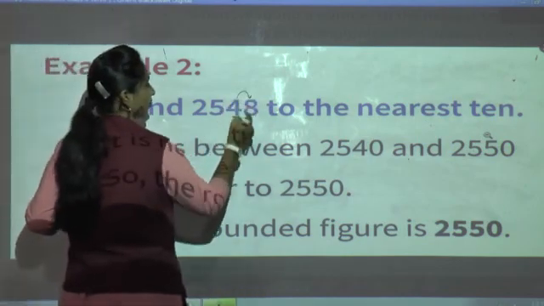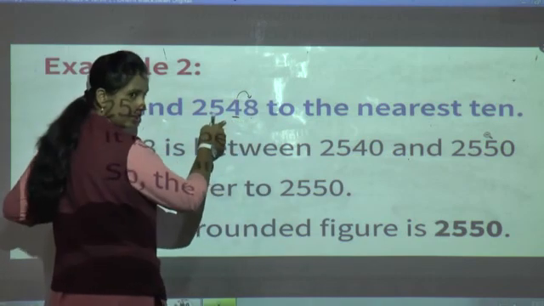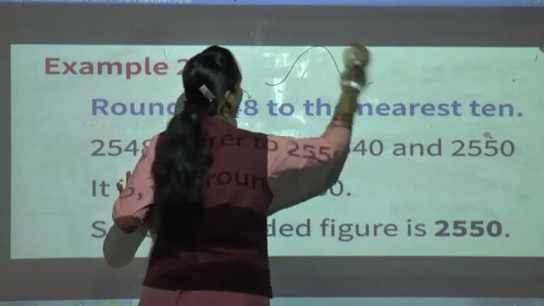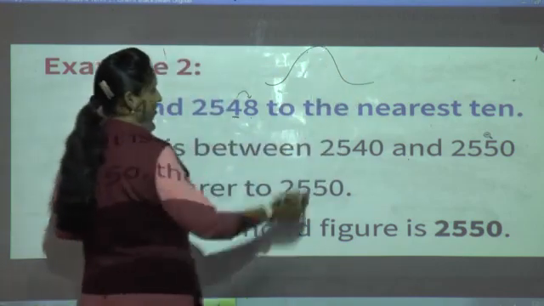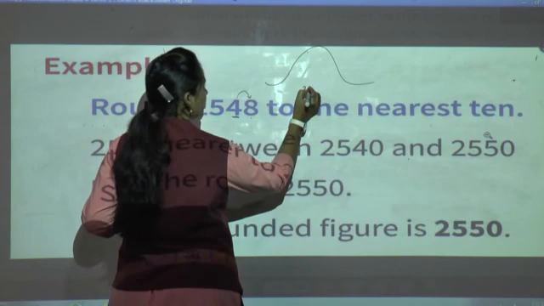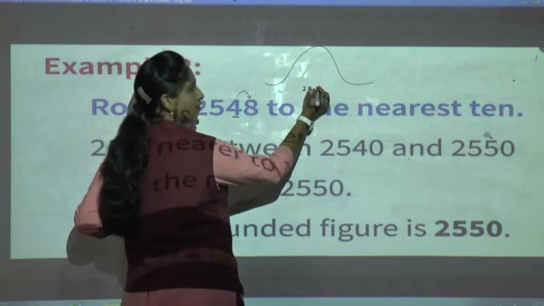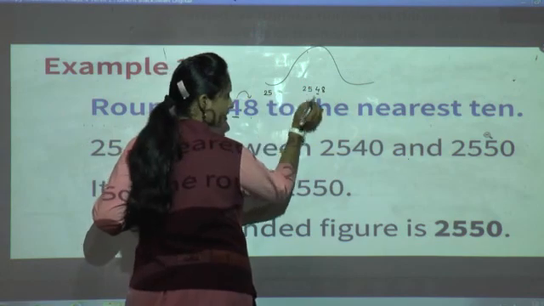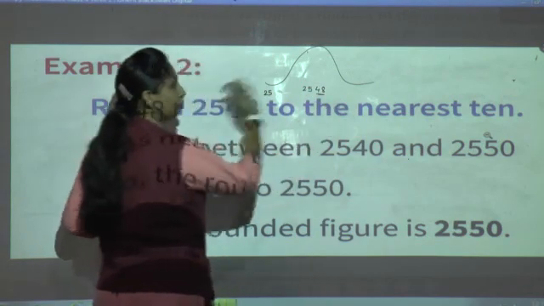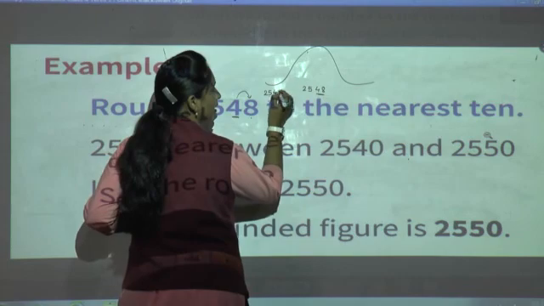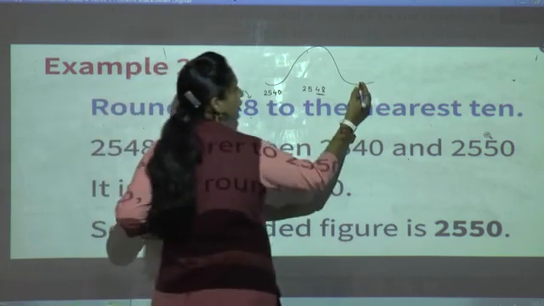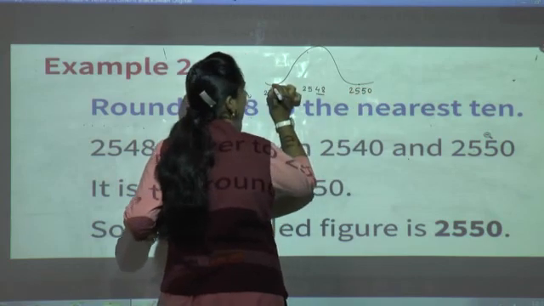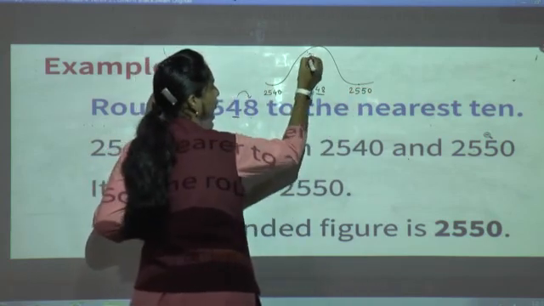The next number is 8. Take both the numbers together, 48. So here I will draw one hill for you, it is very interesting. The number is 2548. So I will write 25 as it is. Before 48 the rounding number is 40, and after 48 the rounding number is 50. And the middle number, what will come?